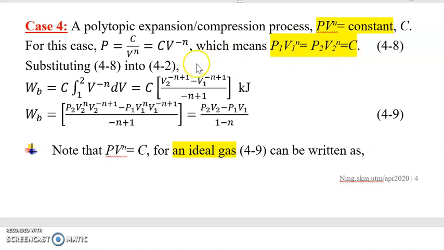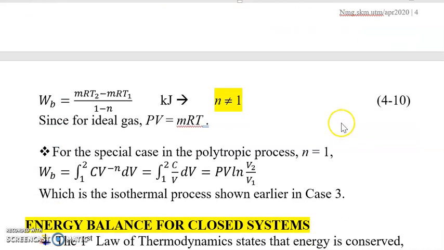So you may substitute that into your boundary work integral and solve it, and you get equation 4.9. So for an ideal gas, 4.9 can be rewritten in the form of 4.10, provided n is not equal to 1, since for ideal gas, PV is equal to mRT. So you can have this 4.10 version.